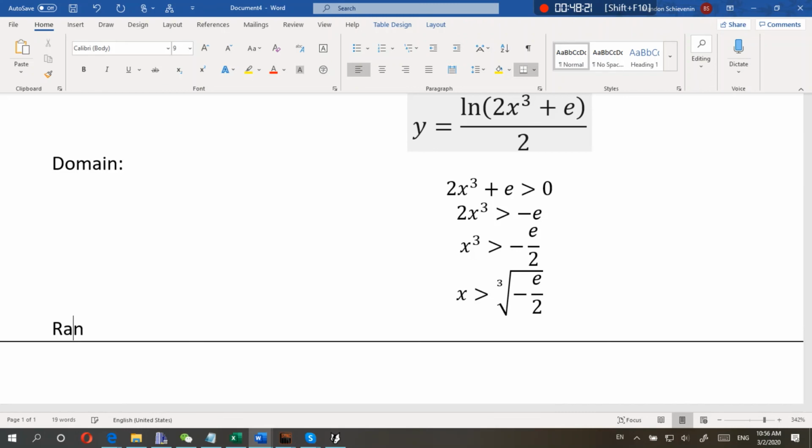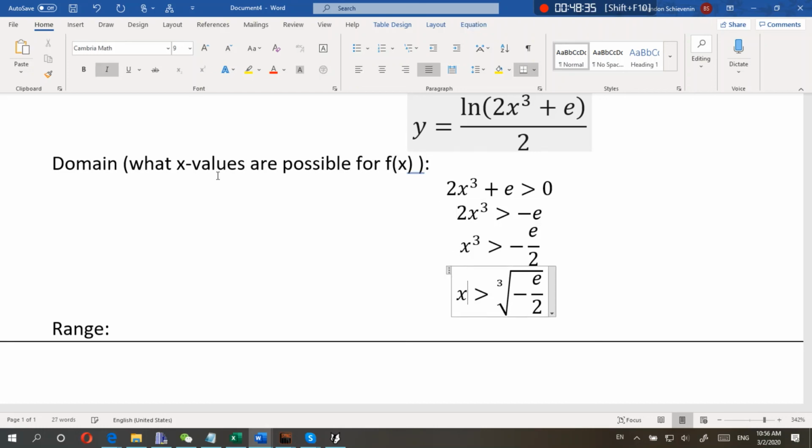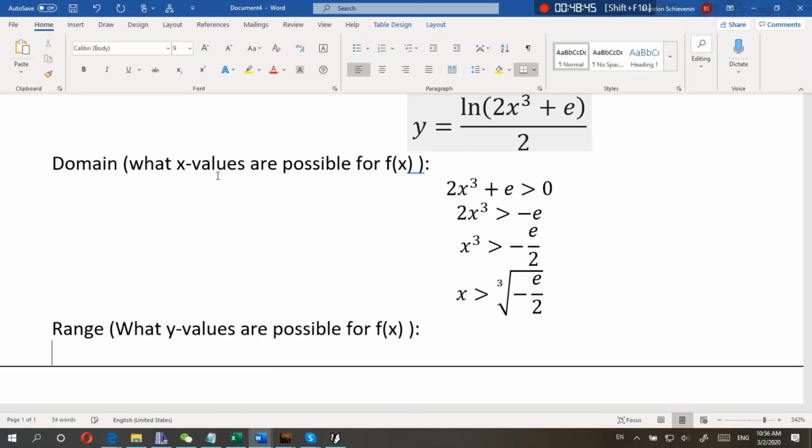My range tells me what y values are possible. I'll write on this: domain is what x values are possible for f of x. Range is what y values are possible for f of x. Okay.